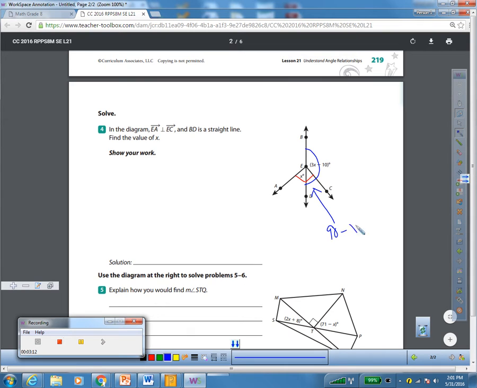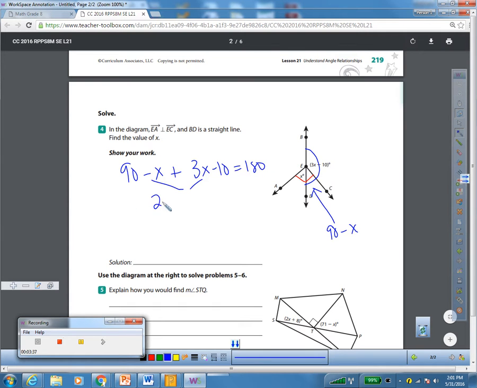So we're going to set up an equation to show that. We'd have this angle here plus the 3x minus 10, together is going to be 180. So 90 minus x plus 3x minus 10 equals 180. Then we'll combine our like terms.